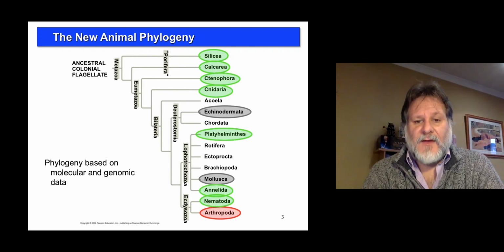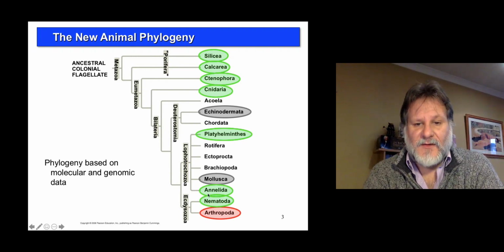So just to remind you then, we've also covered in previous lectures annelids, so those are Lophotrochozoa, as are the platyhelminths.